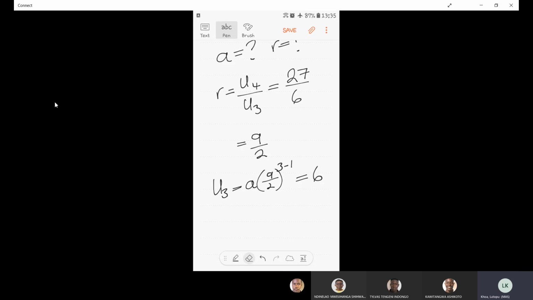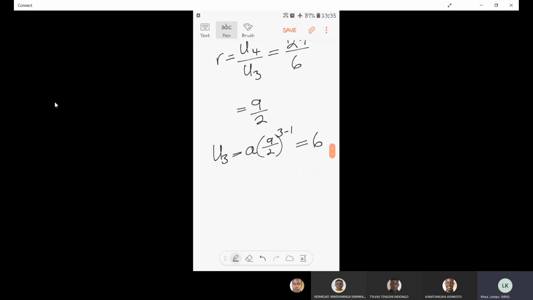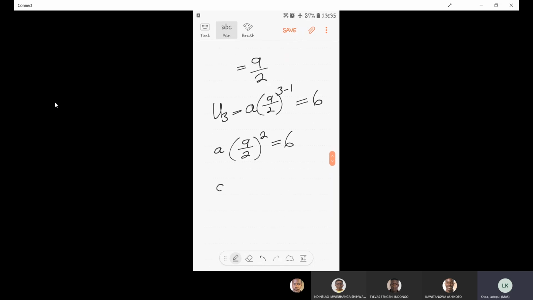Okay, so that's what we have. Then we simplify this and make A the subject of the formula. So we'll have A times 9 over 2 to the power of 2 equal to 6. This means that A is equal to 6 times 2 over 9 to the power of 2.